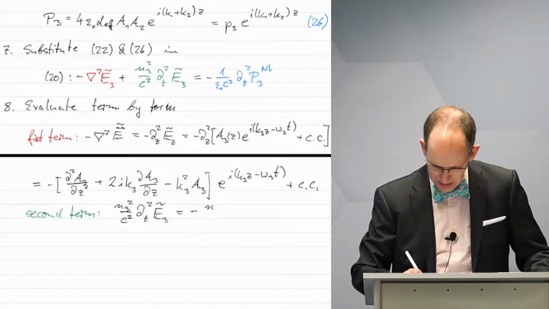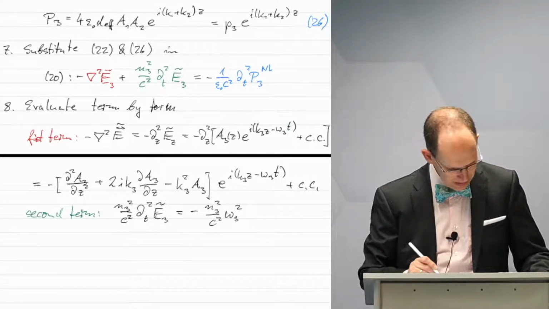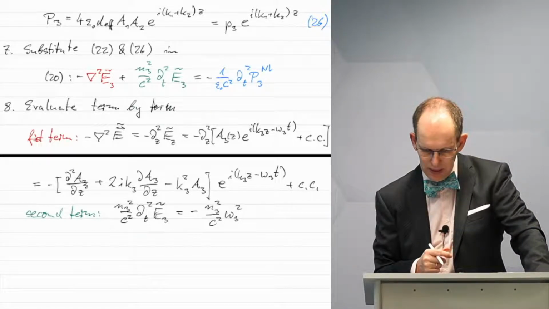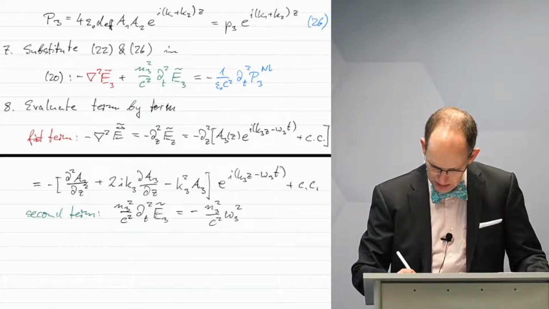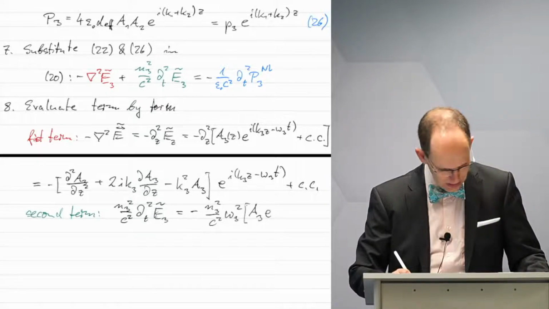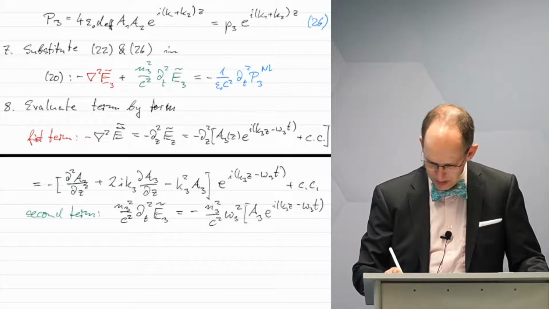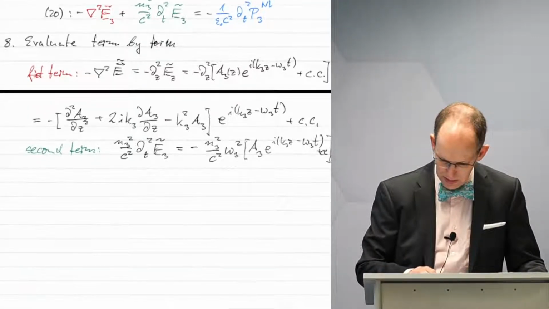So we have minus n3 squared divided by c squared, omega 3 squared. The minus sign comes from the imaginary unit squared, and omega 3 also from the chain rule. And then we have a3 e to the i k3 times z minus omega 3 times t plus the complex conjugate.